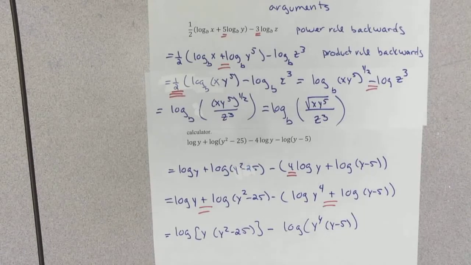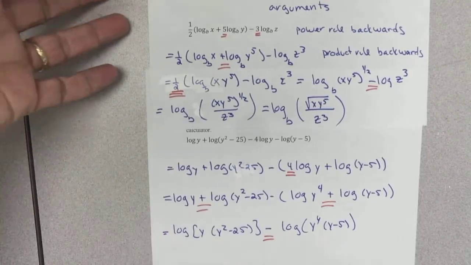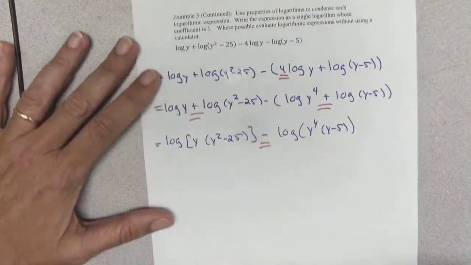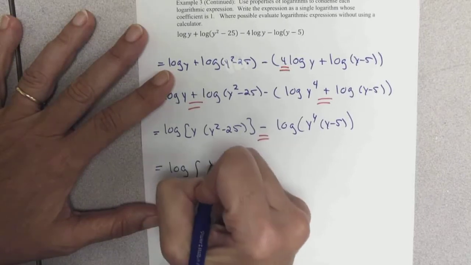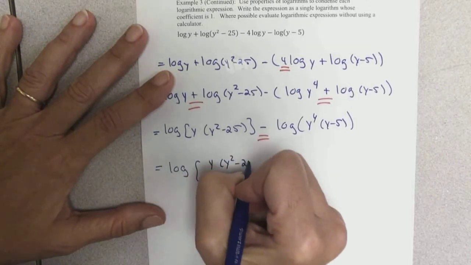Addition, product rolls backwards. Addition can be put together by making a product. Now, just having to deal with that one minus sign, quotient rolls backwards, we can put subtraction together by making a fraction.